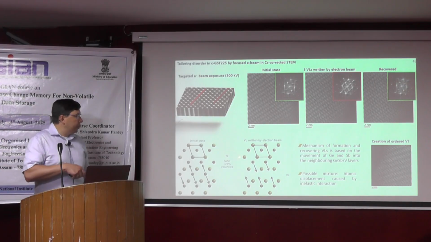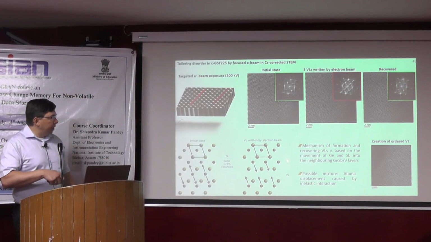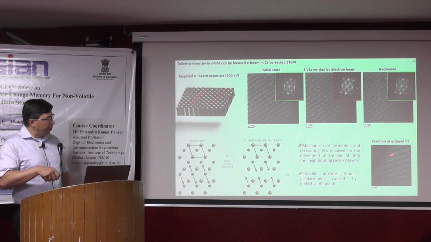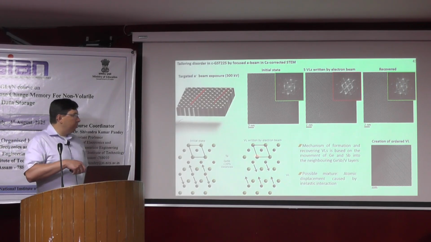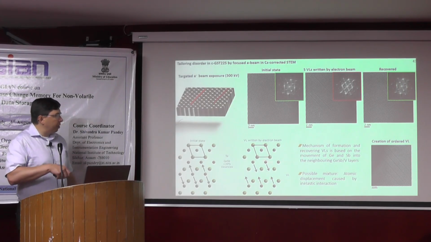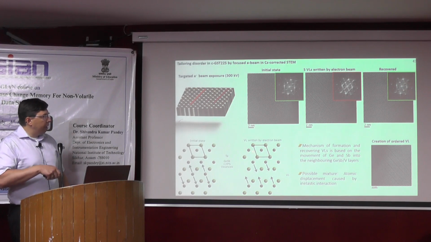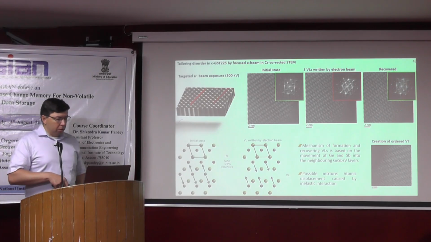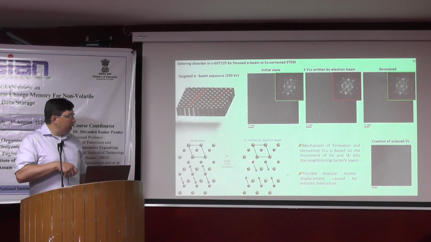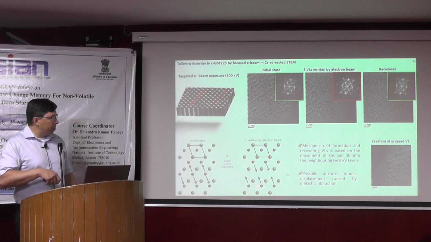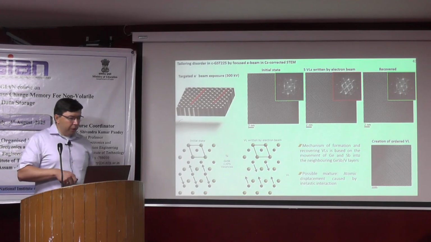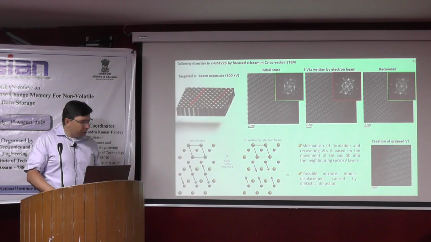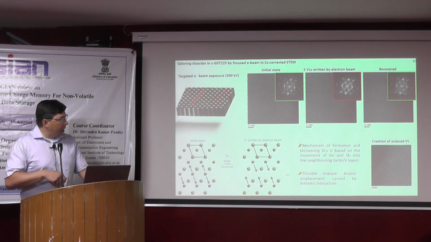And then if you again irradiate this structure, these vacancy layers, with a broad electron beam, we again induce some heating effects in these layers, and then the cations move back to the vacancy layers. So again, we have here atomic displacement of germanium and antimony towards the vacancy layers, and this is induced by electron beams.